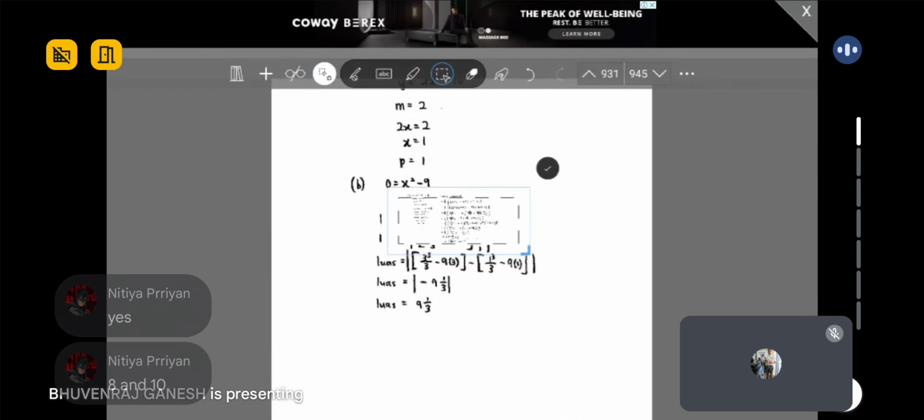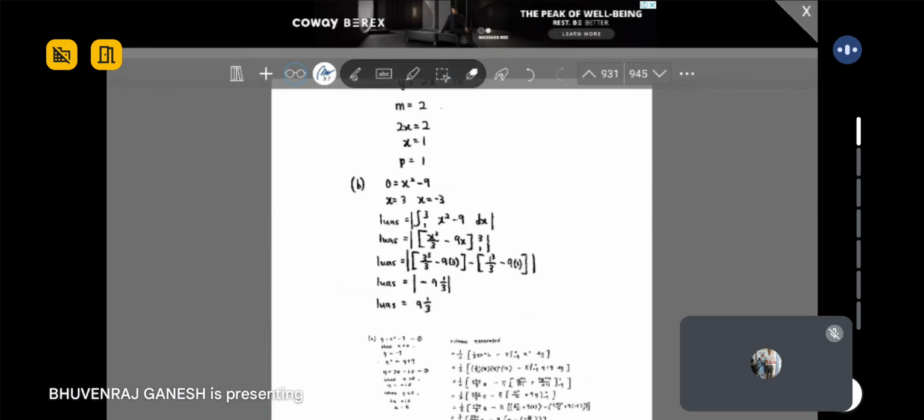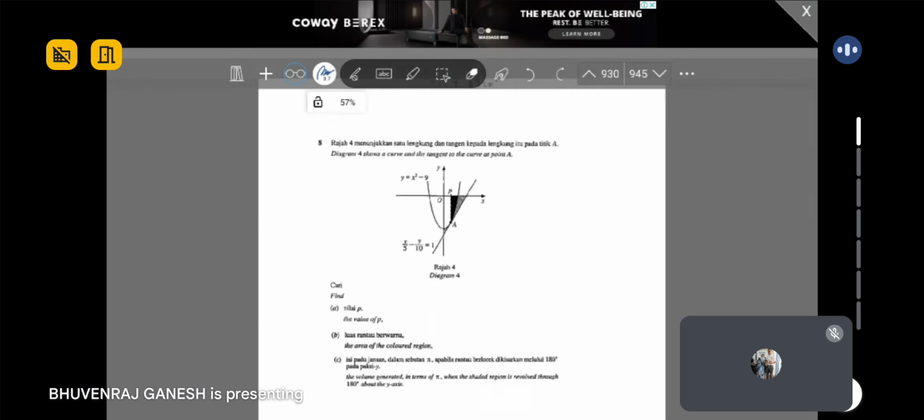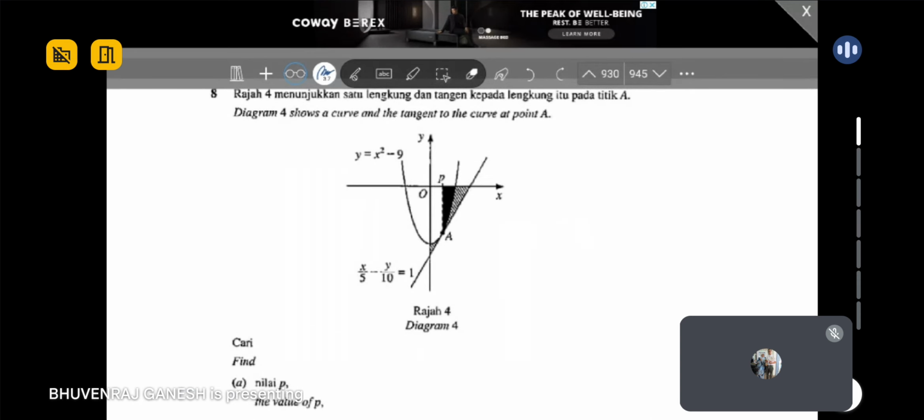Okay, so question 8 is about integration, pengamilan. They ask you to find the value of P, guys. Cari nilai P. So how to find the P value? May I know? Think and see. How do I get my P value over here?